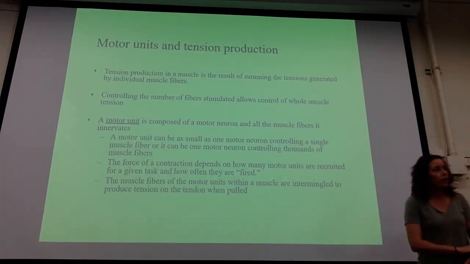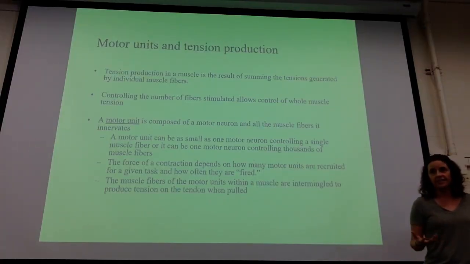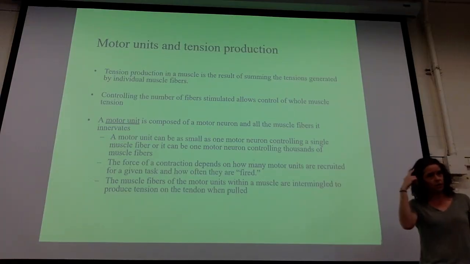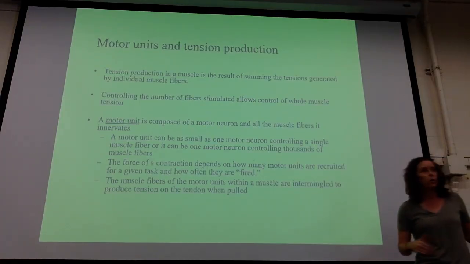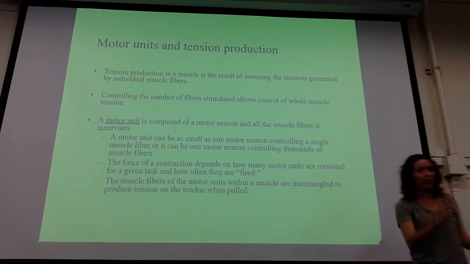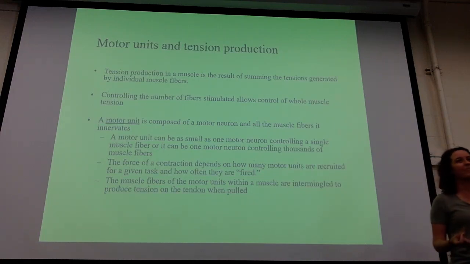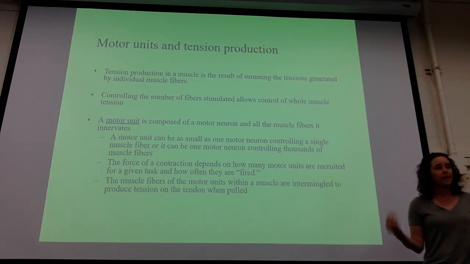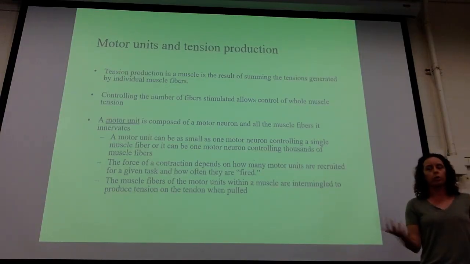When we are firing a signal, that signal starts in the brain, travels down the spinal cord, and out through the motor neuron. Now I don't have to say nerve, I can say motor neuron. That signal is going to innervate a group of muscle fibers.